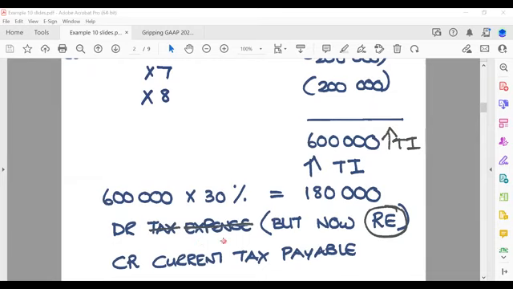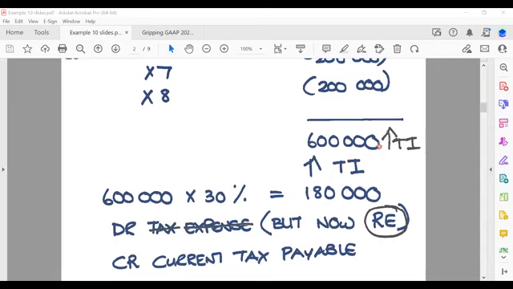And the reason for that is in prior years, this tax expense would have been closed off to retained earnings. So instead of debiting tax expense, we now debit retained earnings. How much? For the amount of 180,000, it's the increase in our taxable income multiplied by 30%.